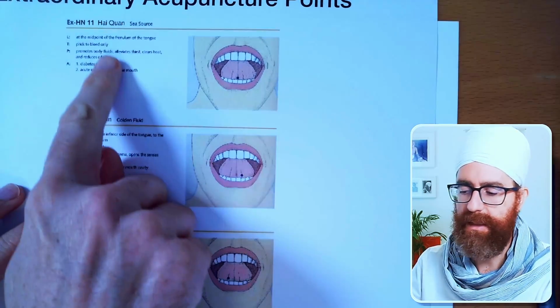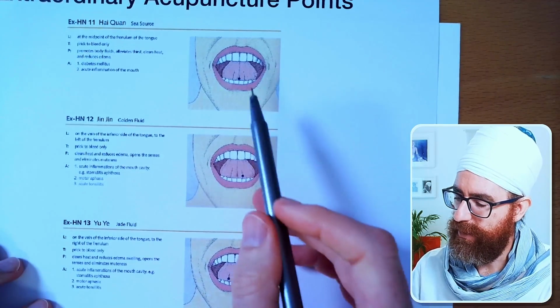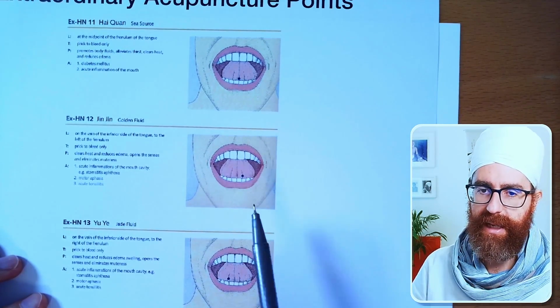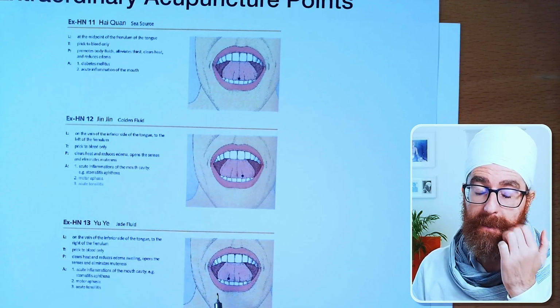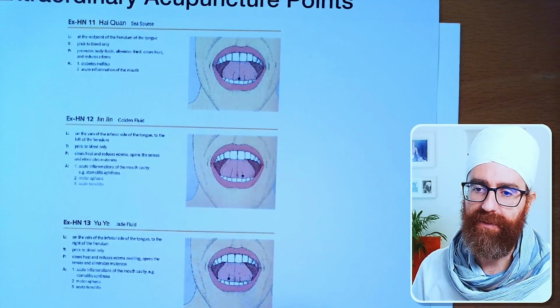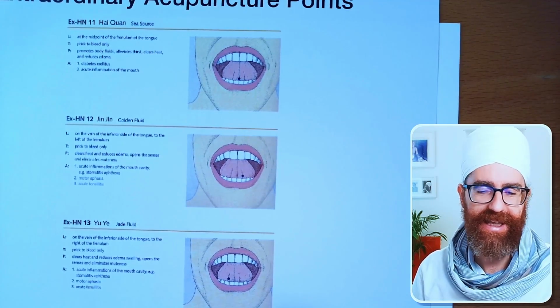It's probably too small to read, but it's not so important. Let's just pay attention that it talks about these 3 points in the tongue. And the tongue, as we mentioned, is very important. We use it for chanting, and chanting the name is the highest spiritual practice. When we chant, we use the tongue.